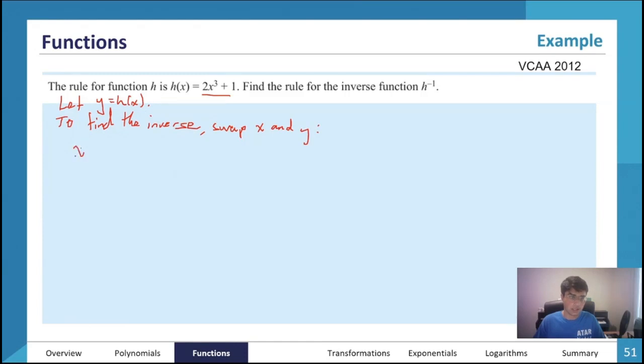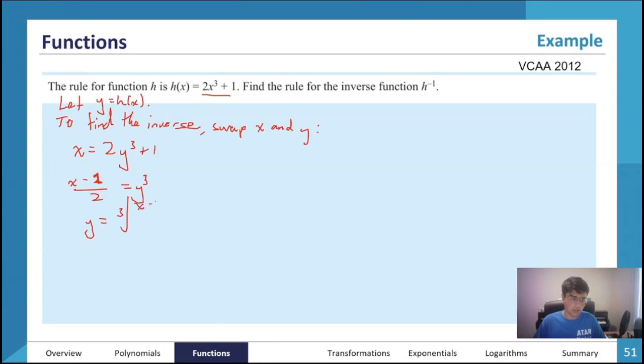And then you write x is equal to 2y cubed plus 1. Then you rearrange for y. That's the next step. So we've got x minus 1 over 2 is equal to y cubed. You take the cube root of both sides.